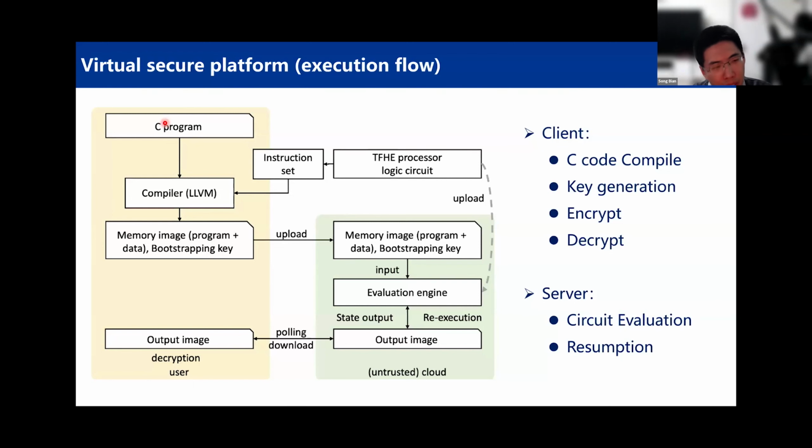And actually, we are trying to explore that as well. But in this framework, we let people write a C program, and then we use a general typical LLVM compiler to compile the C program into instruction set architecture, basically CPU instructions, assembly, right?